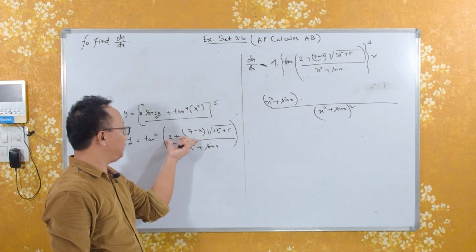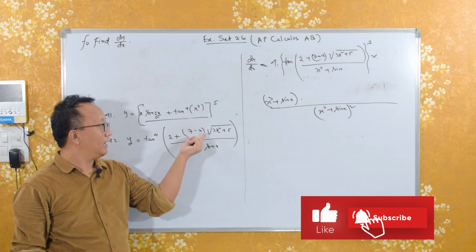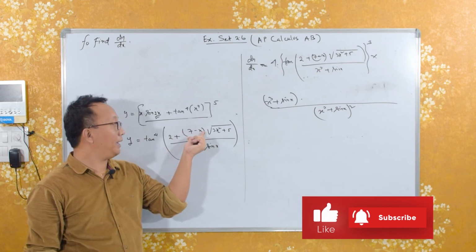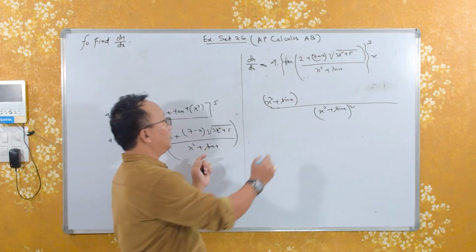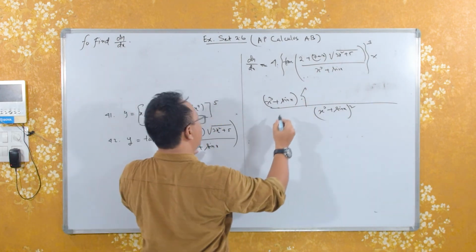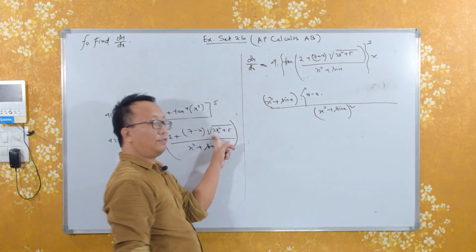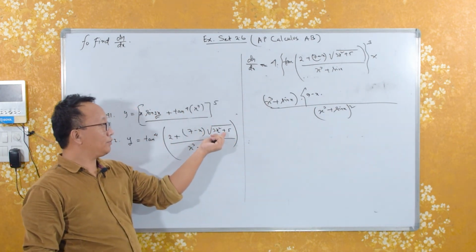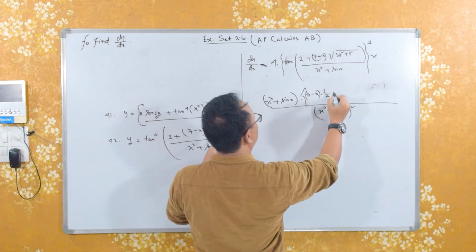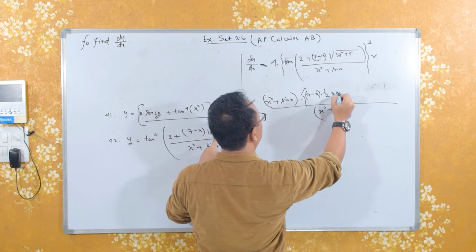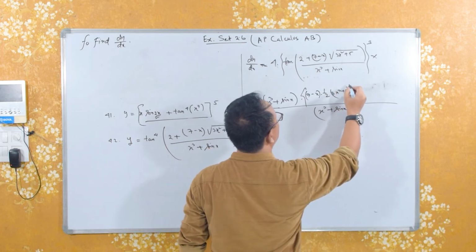Now the differentiation of 2 is a constant, 0. Now again here, you have to apply the u into v rule: (7 minus x) into d by dx of (3x square plus 5) raised to half, which is half (3x square plus 5) raised to n minus 1.